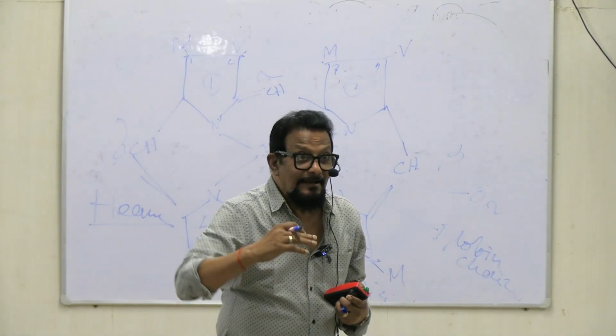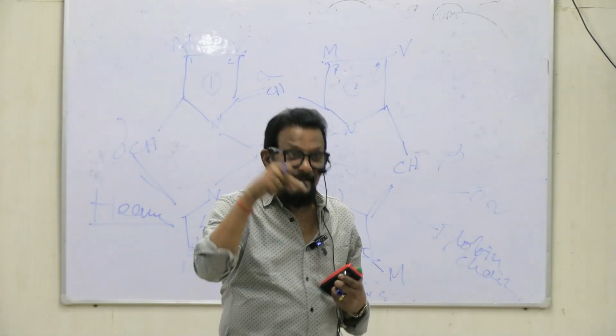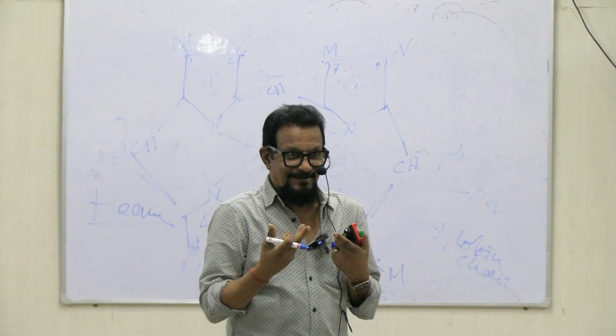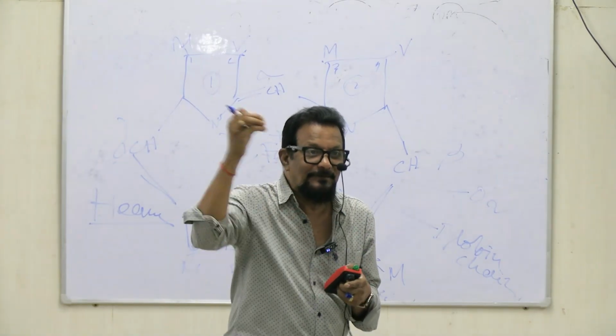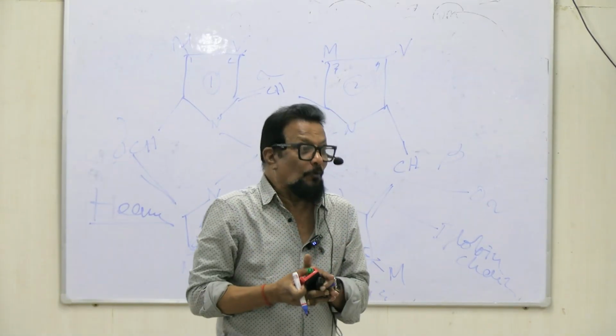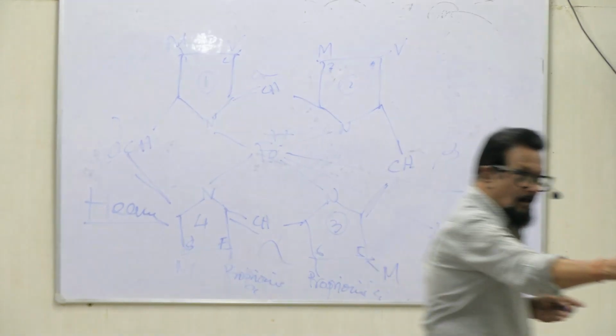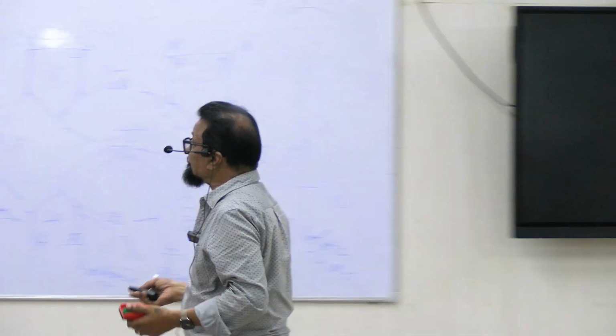As a result, the hidden heme moieties come out. Binding of one molecule of oxygen increases the affinity for oxygen by exposing the remaining heme moieties to the exterior. So that structure is important.